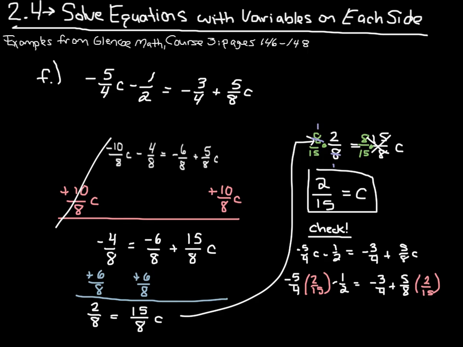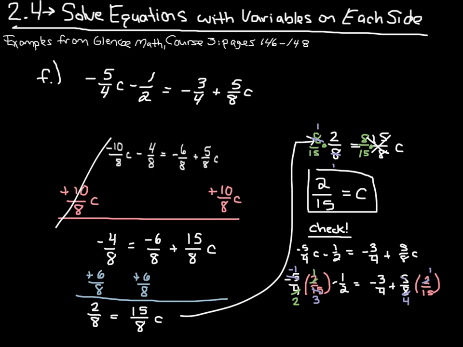The negative 5 and the 15 becomes negative 1 and 3 by dividing out a 5. Then our 4 and our 2 can become a 2 and a 1 by dividing out a 2. Over here, we can do the 8 and the 2 by dividing by 2 to get 4 and 1.